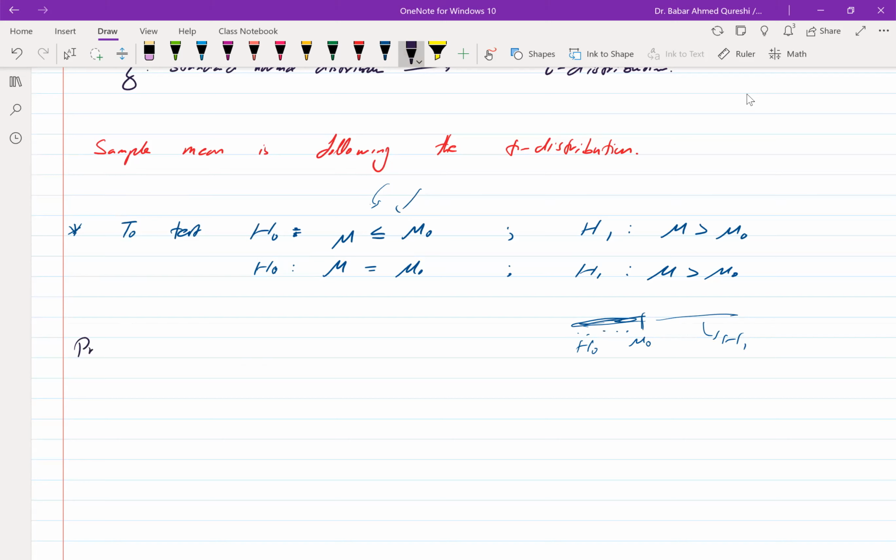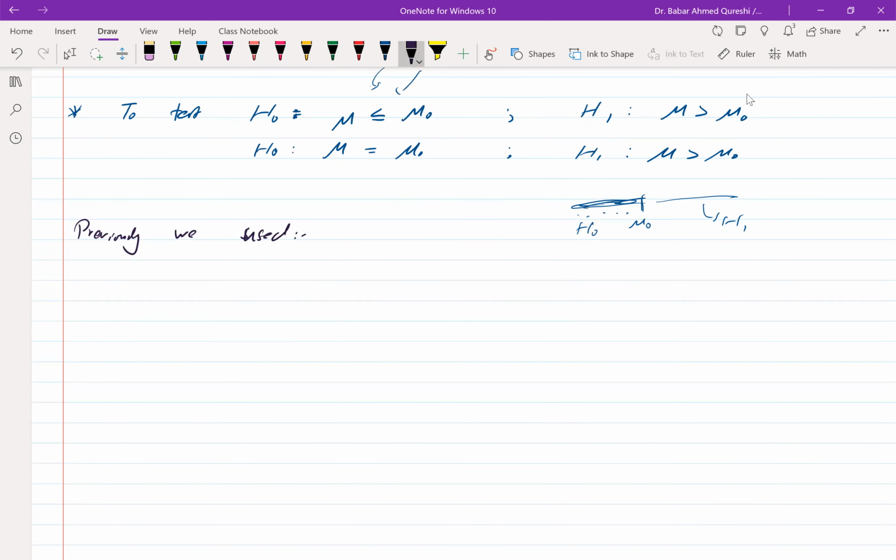Previously, we used this criteria for rejection. Reject H naught if your sample mean, the sample mean which you got in your sample, is greater than a critical value, which you compute by doing this.